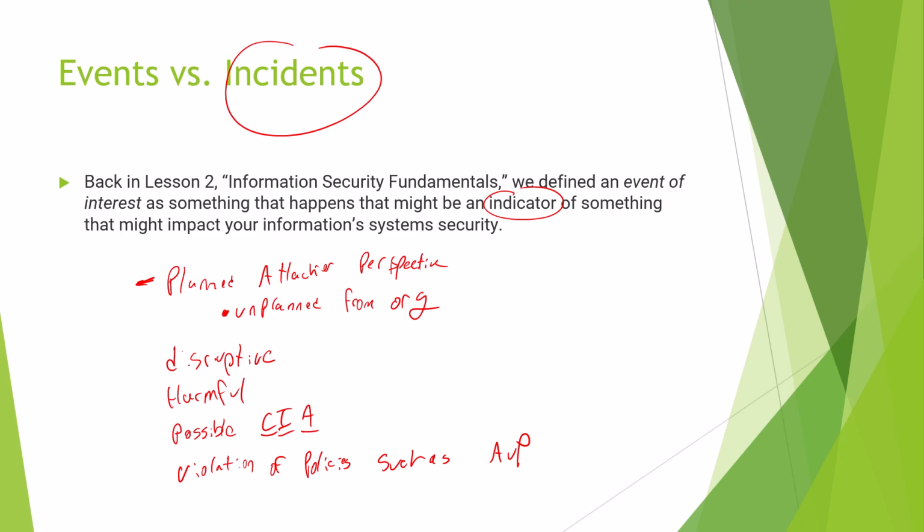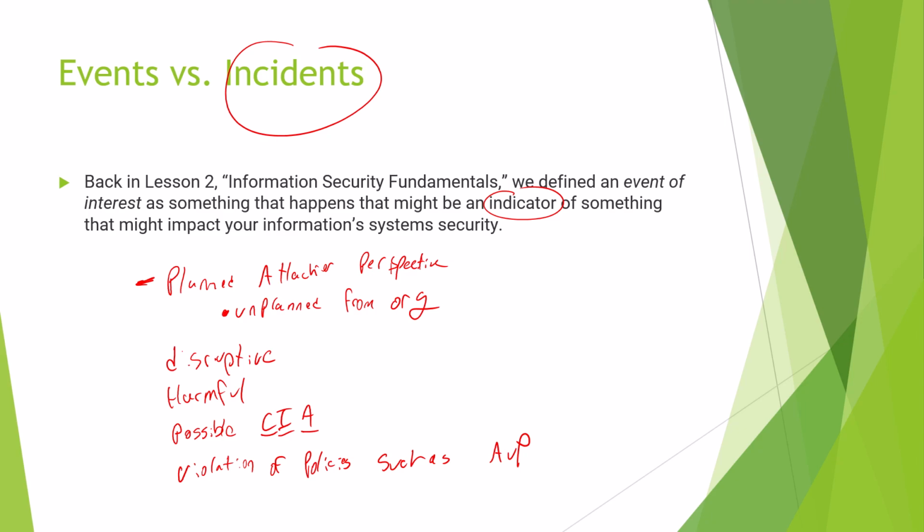So when we're doing this, consider the challenges of differentiating phishing attacks from innocent-based requests. A phishing attempt could be one of the first steps in a larger scale attack. So is this an event or is this an incident?